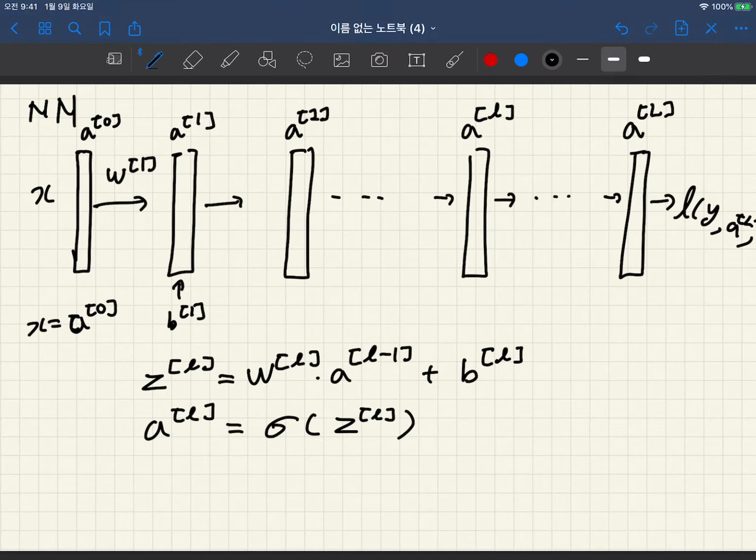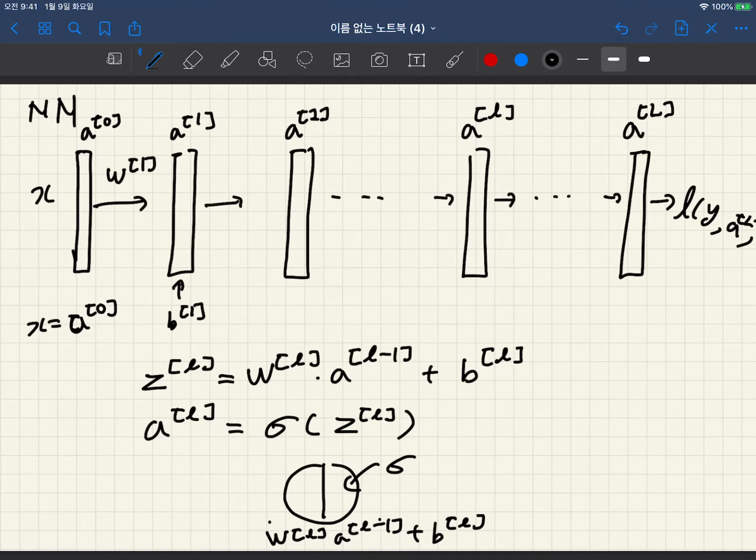Because from the definition of neural network, each neuron has this two-step computation. So each neuron computes this linear function and passes through some element-wise nonlinear activation function to get the AL vector.